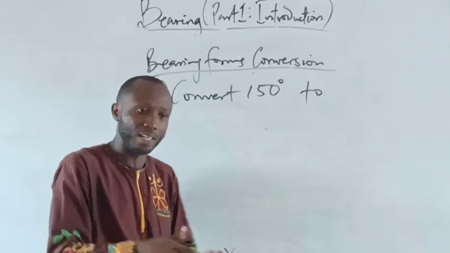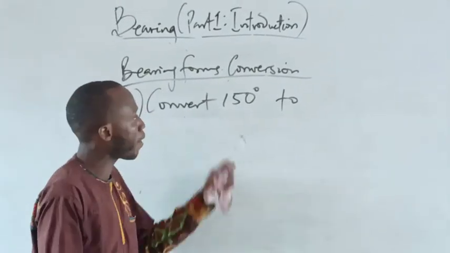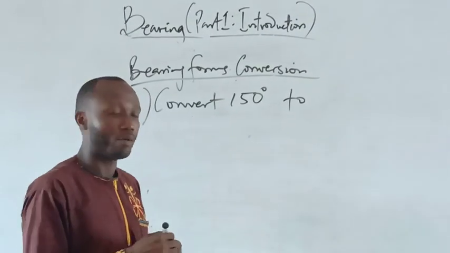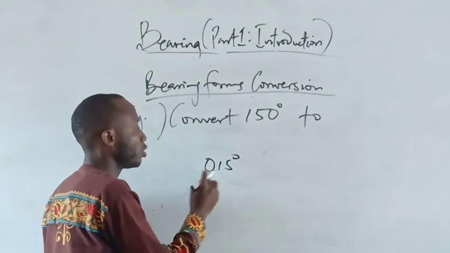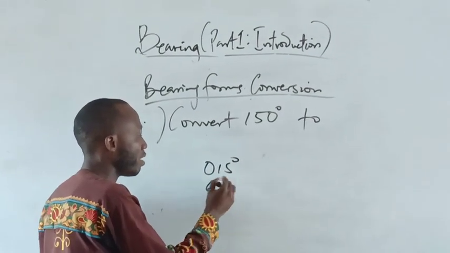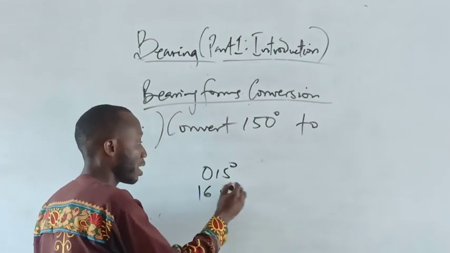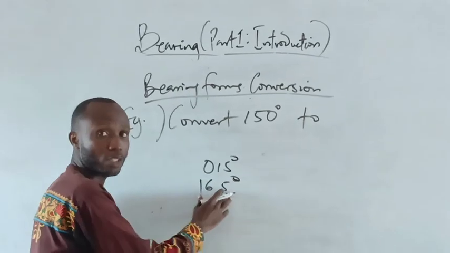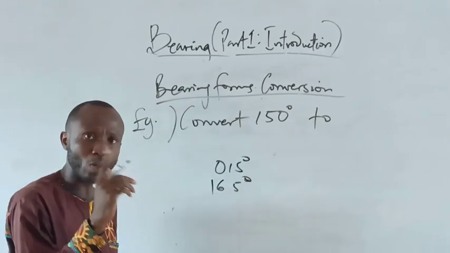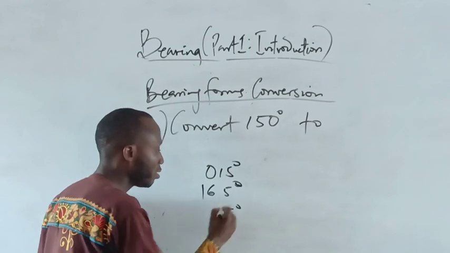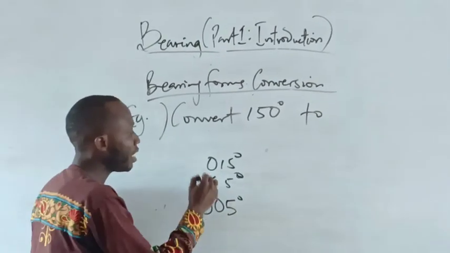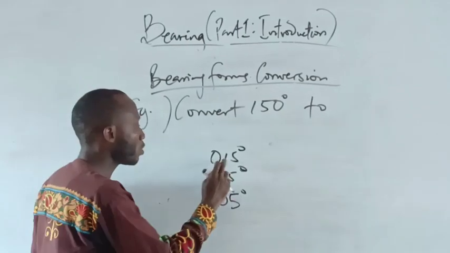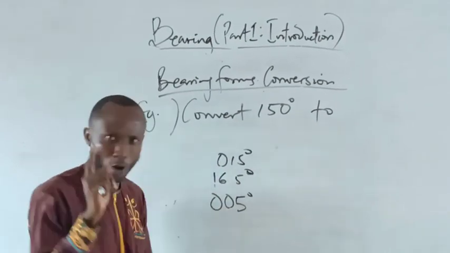If it's a 2-digit number, for example 15, you write 015, as we just did. But when it's 165, you just write 165. What if it's just 1 digit, 5 degrees? You put 2 zeros, because the point is, it has to be 3 digits. 1, 2, 3. I hope you got the point.